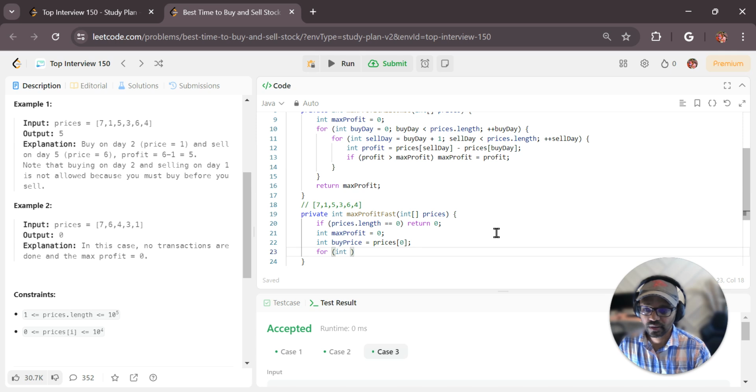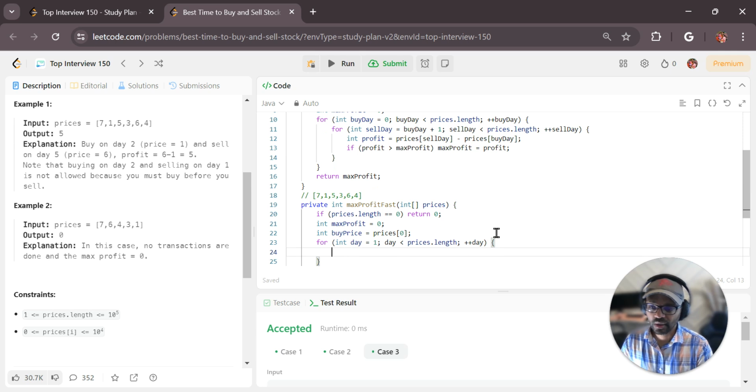Okay, so now we are going to loop. This is not sell day anymore, it's any day. So day equal to 1, because we already looked at prices of 0 and that was our initial buy price. Day is less than prices dot length, plus plus day. And like we said, we just have two cases, right?